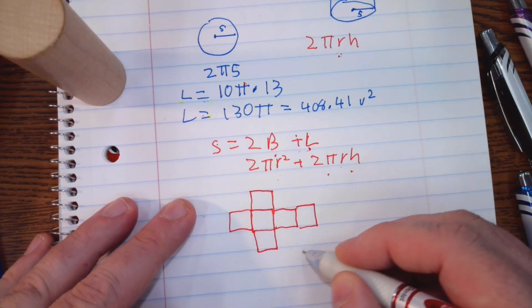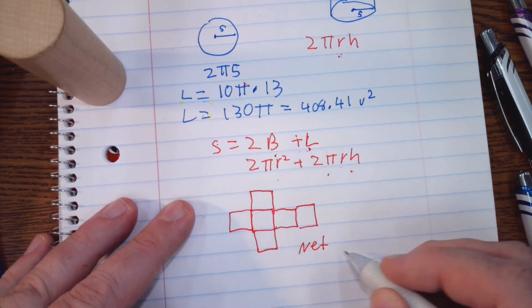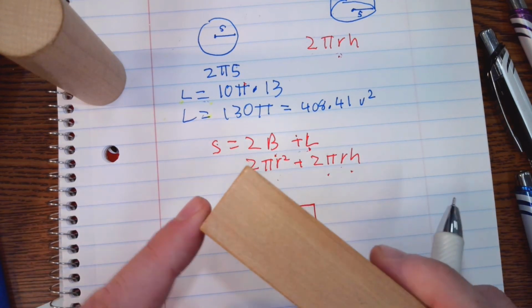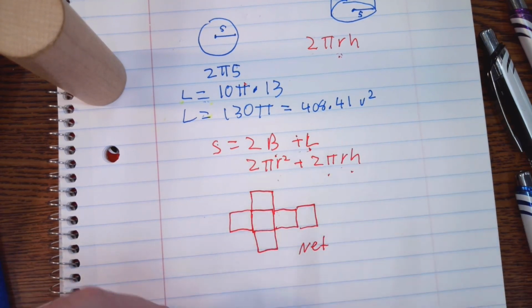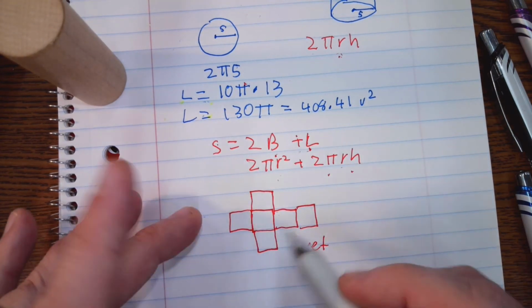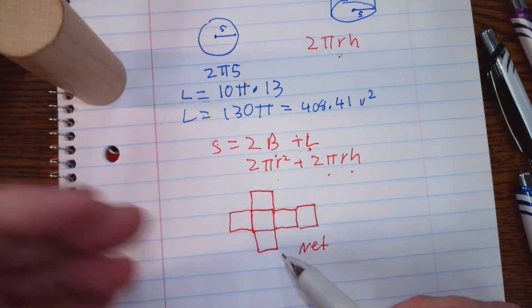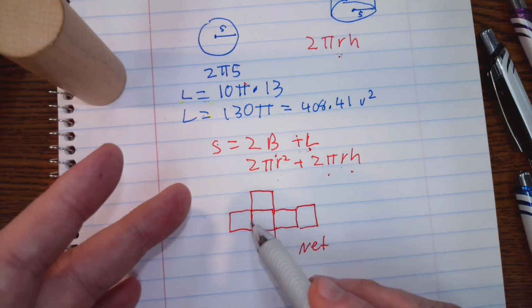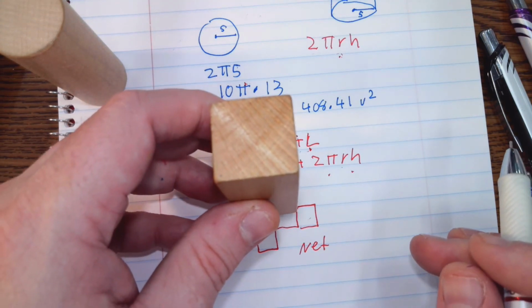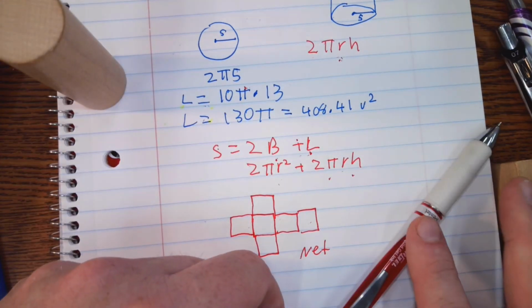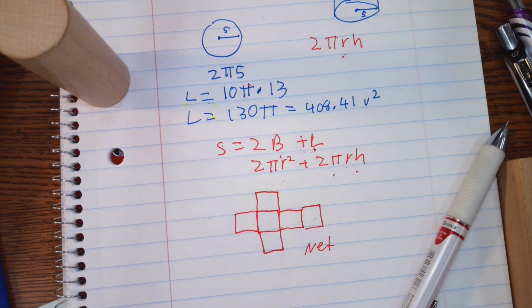So this is called a net. A net is basically when you fold and unfold a 3-dimensional shape where you look at all the faces on a 2D surface. So if you were going to design a paper toy or a paper building, you would have to have all these sides to build something like this, right? So believe it or not, that's part of our requirement. So we have nets. You've got to name your nets. That's it.